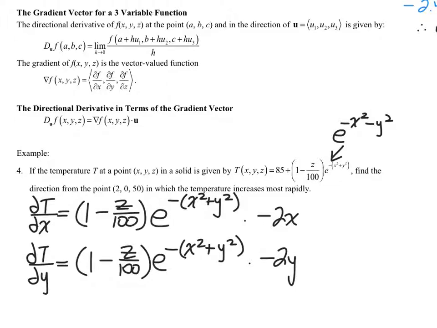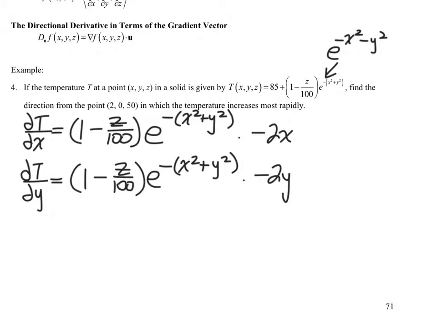And then partial with respect to z. Now in this case, since I'm looking at a factor that contains everything except for a z, the e to the negative x squared plus y squared, that's what's going to be treated as a constant multiple. It's the other part that I would need to differentiate.